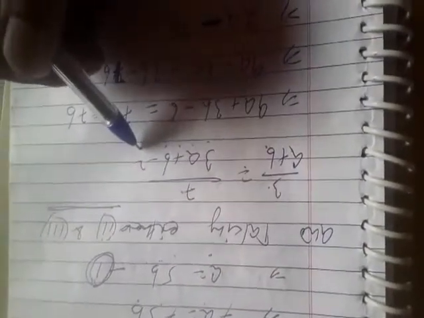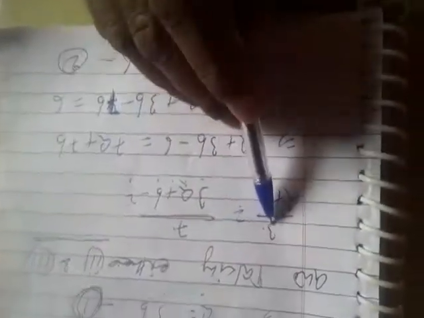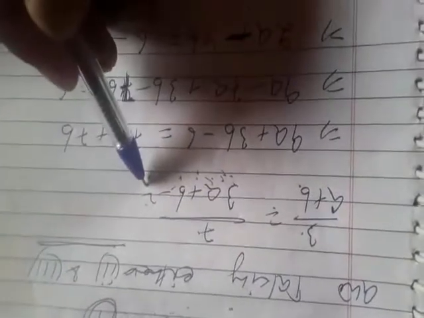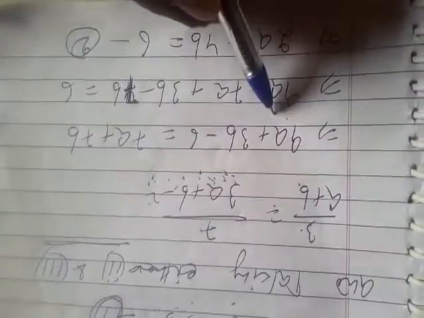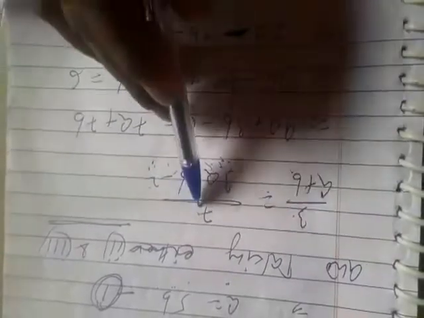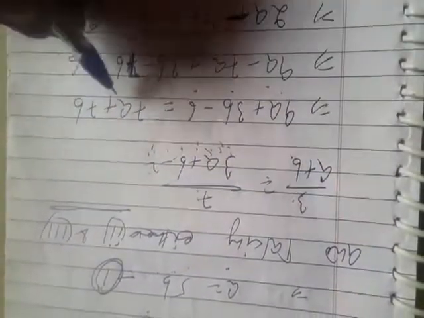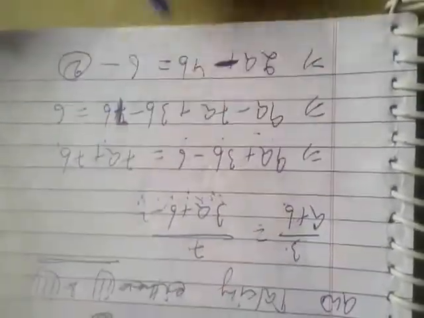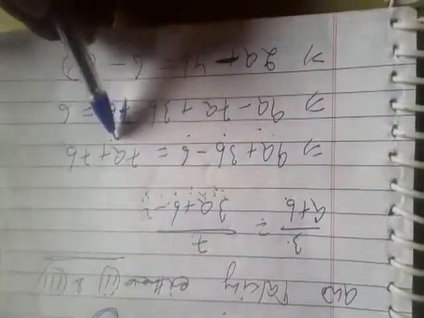By simplifying it, 3 when multiplied to each term of 3a plus b minus 2 will give us 9a plus 3b minus 6. And 7 when multiplied to a plus b will give us 7a plus 7b. Here further simplification: we will take this 7a and 7b in LHS and this 6 in RHS.